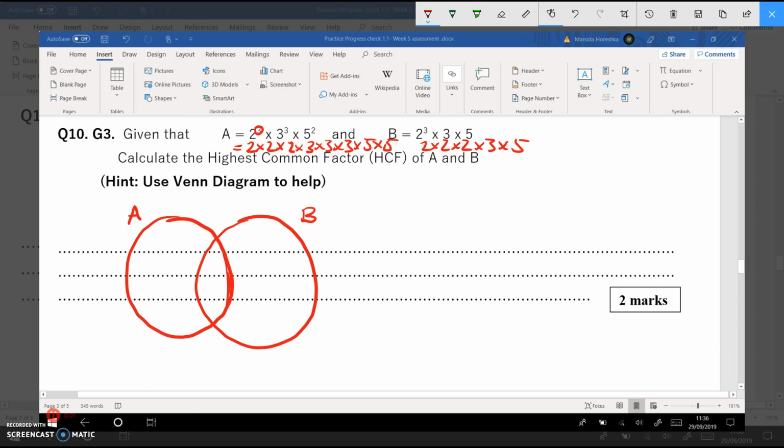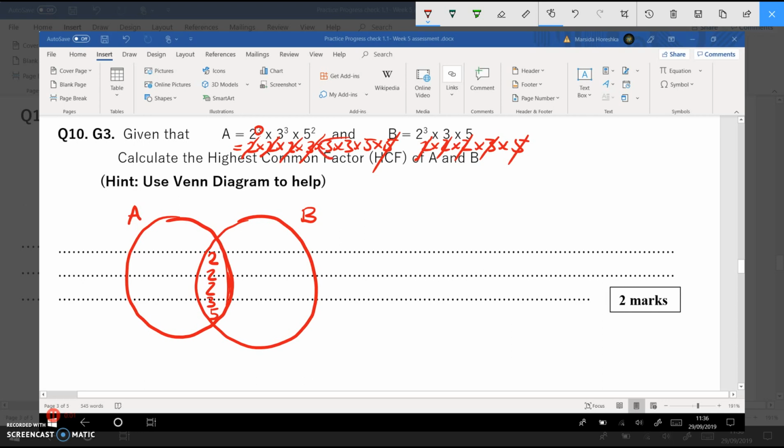So let's place the ones that go in the middle, the ones that overlap. So we've got a 2 here and a 2 for B, so I'll place a 2 in the middle. Just one of them, because by placing it in the middle, it means it is for both. And then there is another 2, and there is another 2. Then there is a 3, and there is a 5.